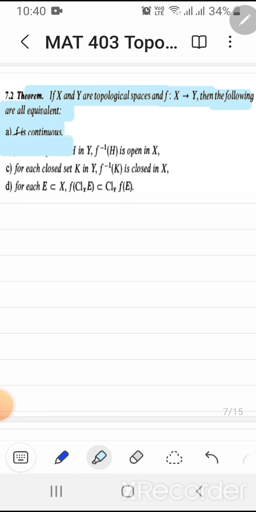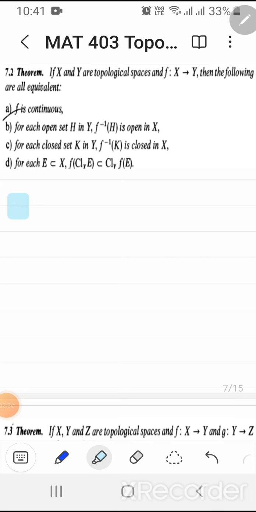Second is for each open set H in Y, f inverse H is open in X. Third condition, for each closed set K in Y, f inverse K is closed in X. And the fourth condition, for each E subset of X, f of closure of E over X is a subset of closure of f of E over Y.